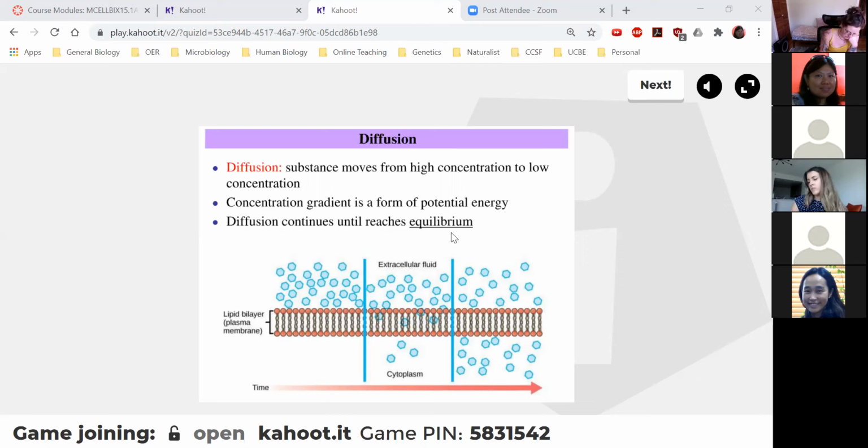When they reach equilibrium, it doesn't mean that molecules are not moving. It just means that the rate of movement going in and going out is pretty much equal, so they cancel each other and there's no net movement of the molecule. But some molecules are still going in and some are still going out.